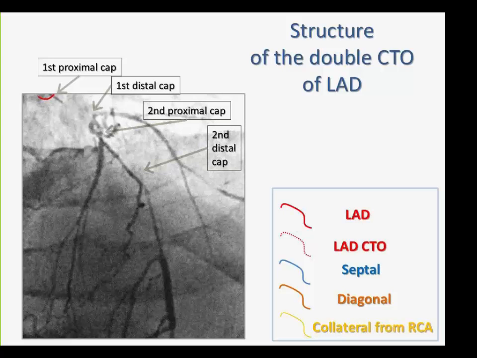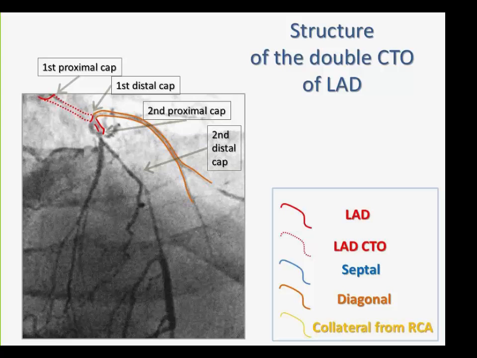This red line is the first proximal cap, which is followed by the first occlusion in the proximal LAD. And at the distal cap of the proximal occlusion, a short open island of the LAD follows with some branches coming from and to this small island.